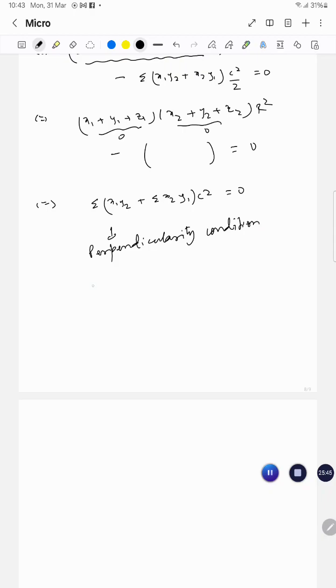So we would need the coordinates of I1 also. I1 Y1 is perpendicular to AC. Coordinates of A and C are known, so the displacement vector AC is known. Let that be called x2 y2 z2.